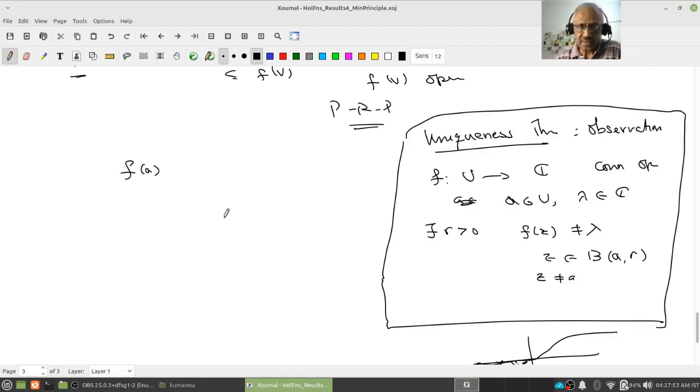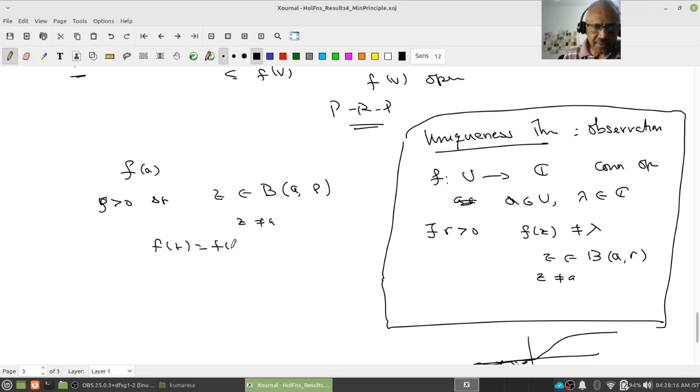Please understand. Now therefore there is a rho positive so that for every z in B(a, rho) and z not equal to a, f of z is not equal to f of a. That is my lambda.